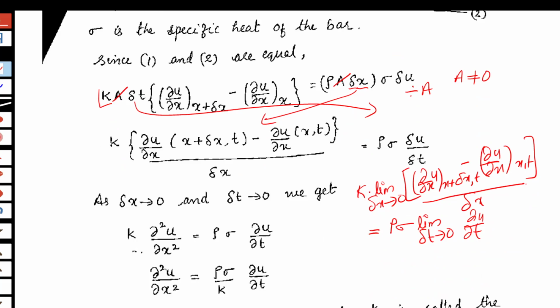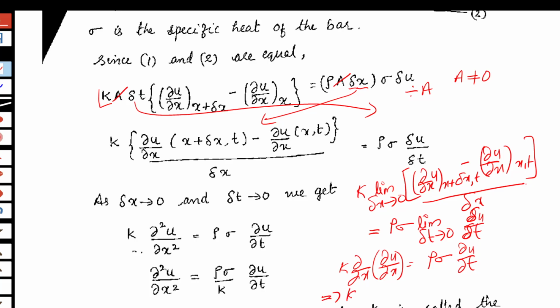Now the left hand side limit represents the rate of change of ∂u/∂x with respect to x, which is ∂/∂x of ∂u/∂x. Sorry, on the right hand side, as delta t tends to 0, delta u by delta t changes to ∂u/∂t.